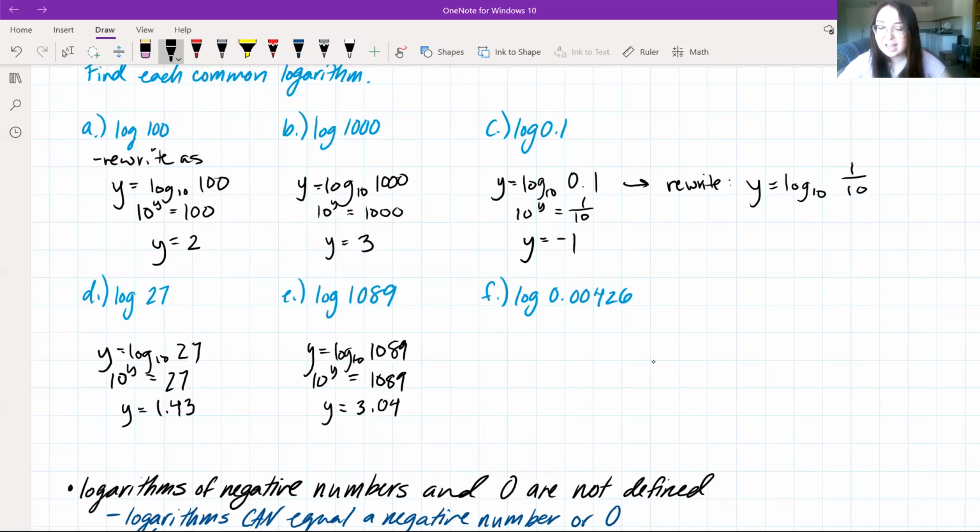All right, and last part, we have part F, which is log of 0.00426. So we want to rewrite this as y is equal to log base 10 of 0.00426. And since we have a much smaller number in this case, it can be kind of hard to tell what numbers it is between.